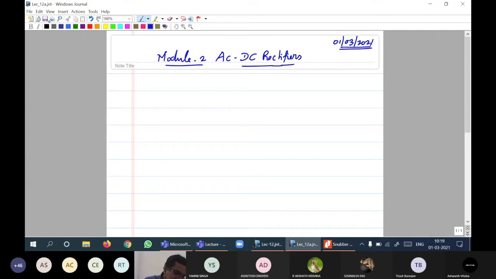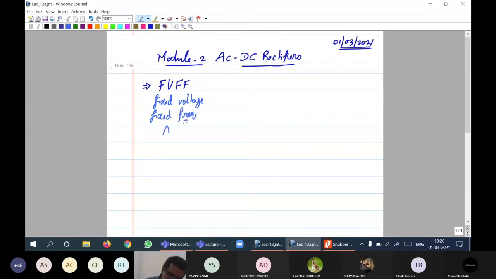Fine. Now, very broadly, rectifiers actually convert input AC, fixed voltage, fixed frequency, into variable voltage. FF refers to fixed voltage, fixed frequency AC.